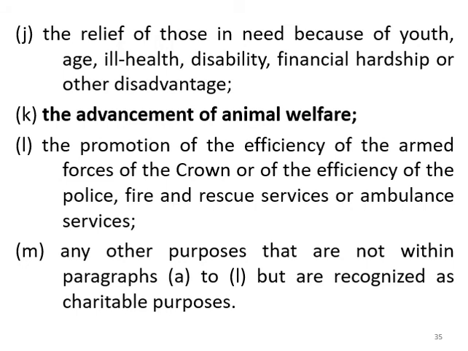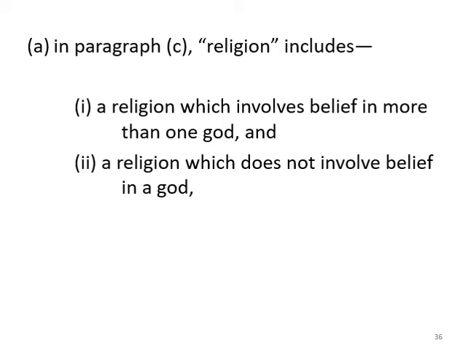Then the Charity Commission in the UK has the power to decide whether a specific matter is charitable or not. Therefore, in addition to the list of charities, the power is also given to the Commission to determine whether a specific act is charitable or not.